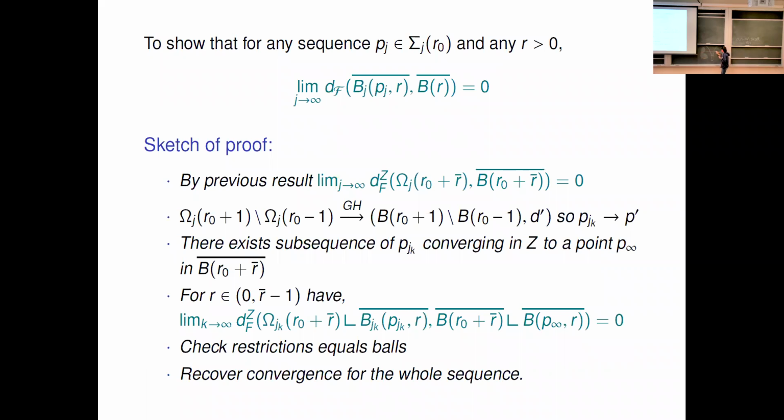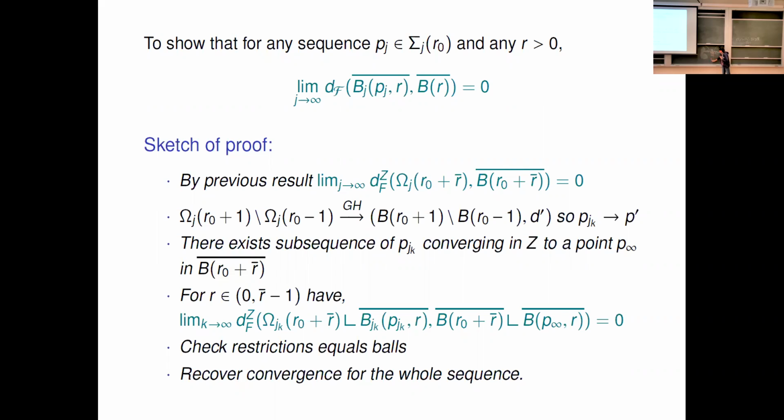And I told you we are going to select points in some level set sigma R0. So suppose this is sigma R0. Here I pick a point P, and I would like to have a ball converging.